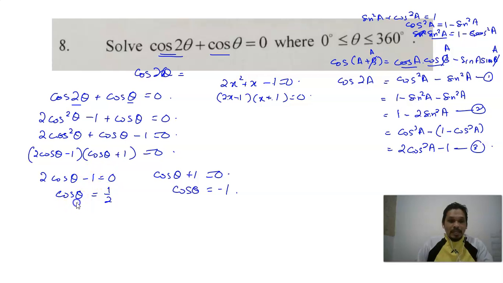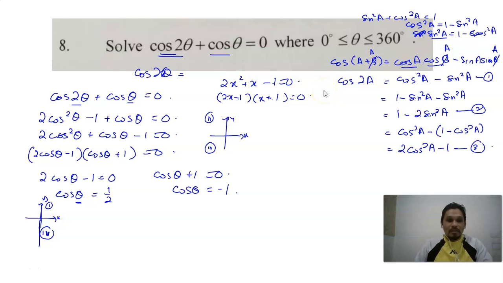So cos any angle that gives you a positive value, meaning in this case we are dealing with an angle in quadrant 1, cos is positive also in quadrant 4 here. Okay, and for cos theta equal to negative, then we are dealing with cos negative, an angle in the second quadrant and in the third quadrant.